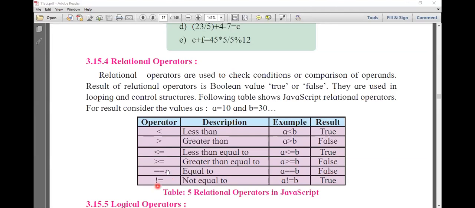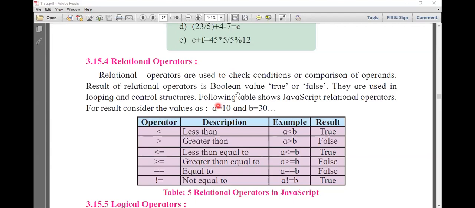Double equal to means to check the equality of two numbers. This double equal to is used for condition checking and the single equal to is used as the assignment operator.